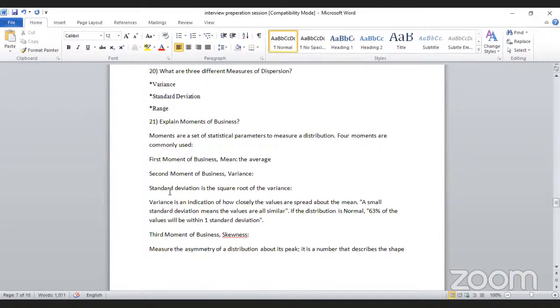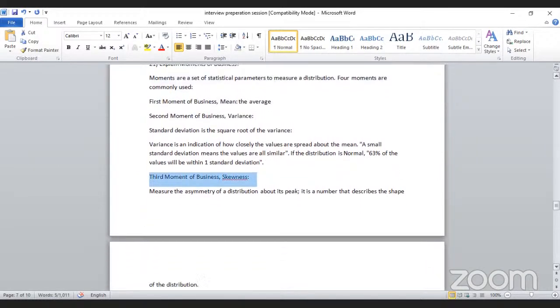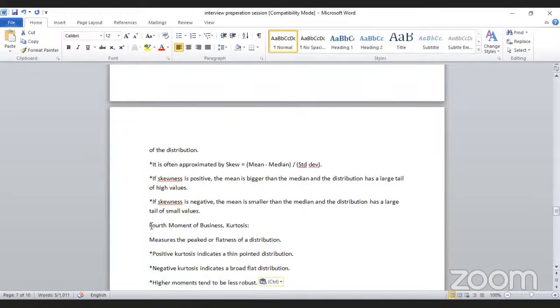We have four moments of business. Moments are a set of statistical parameters to measure a distribution. Four moments are commonly used. The first moment of business is mean, the average. The second moment of business is variance. The third moment of business is skewness. And the fourth moment of business is kurtosis.